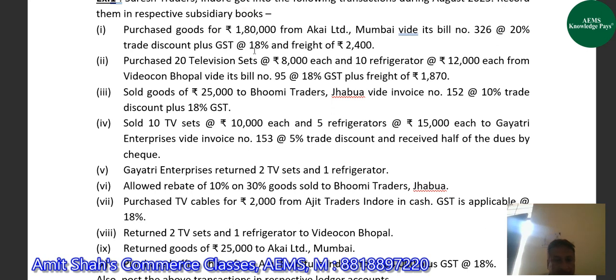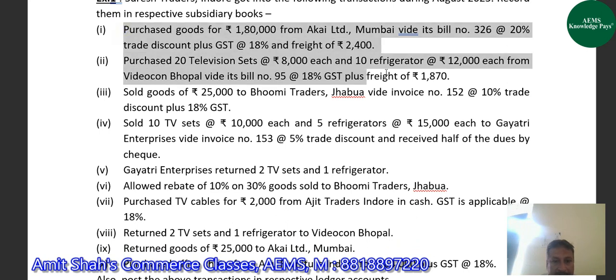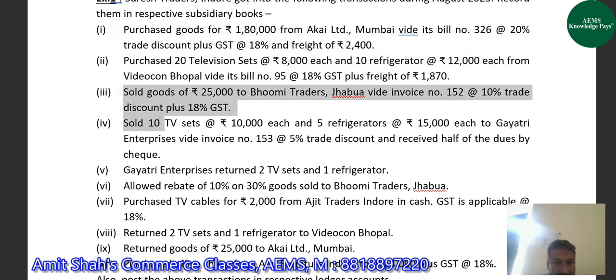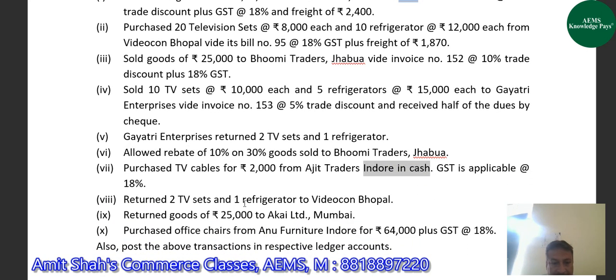If you see the question, we have only two transactions which are going to the purchase book. These two, right? This is of sales. This is of sales return. This is of rebate. This is purchase of goods in cash.